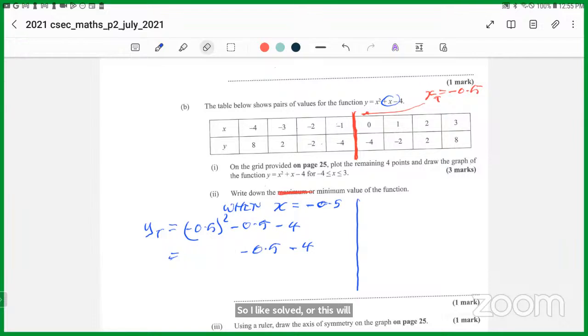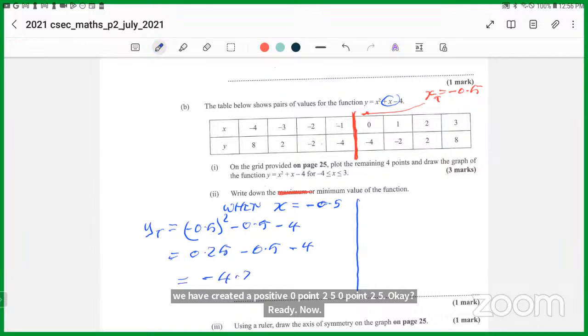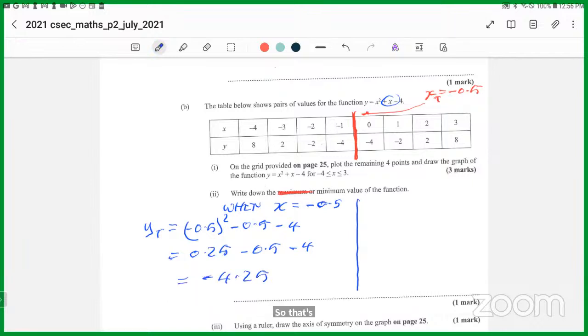Another mistake here. When we square this, it becomes a positive 0.25. So that's all we get: negative 4.25, or negative 37/4.